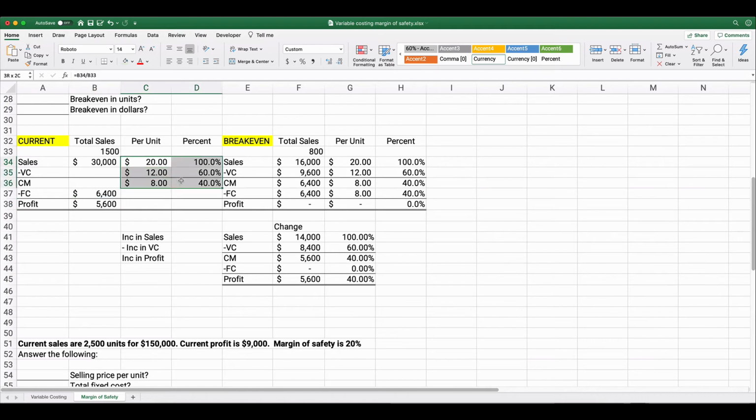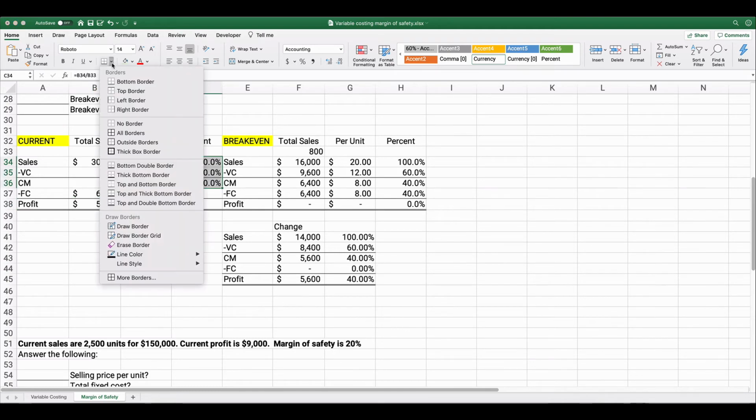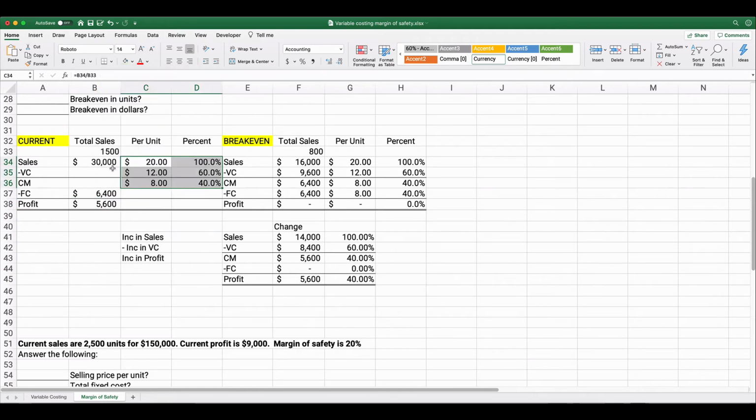So what stays the same? Let me highlight this. We'll highlight in just a second. So what is the variable cost? 30,000 times 60%. What is 30 minus the 18? That's 12,000. 12,000 minus 6,400 gives us 5,600.